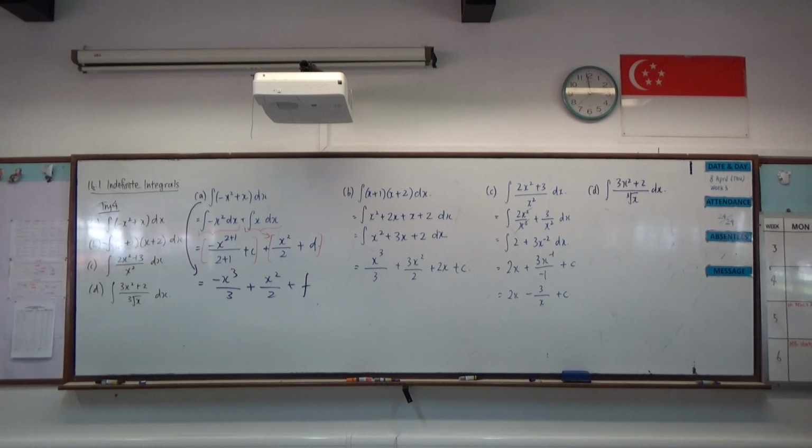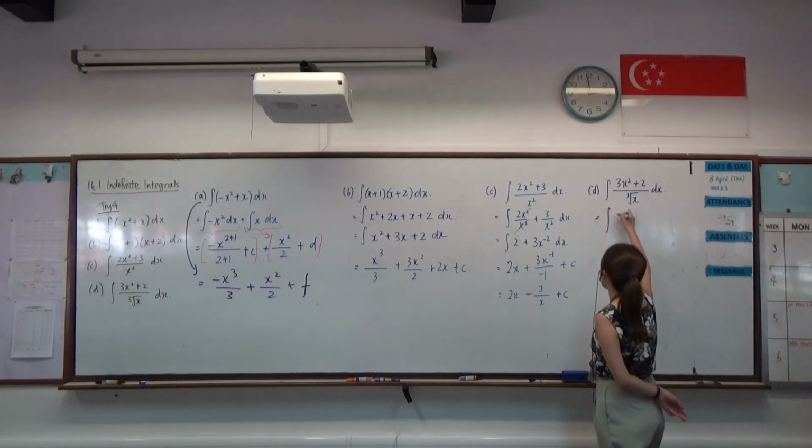To integrate 3x squared plus 2 over cube root of x, the same thing applies as for part C. Split it out.